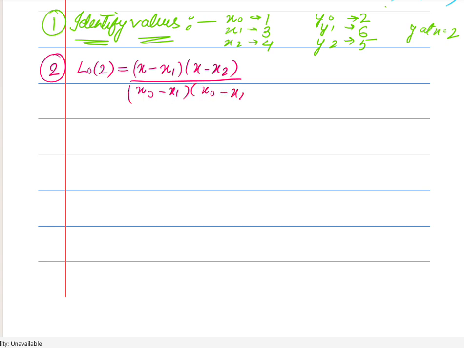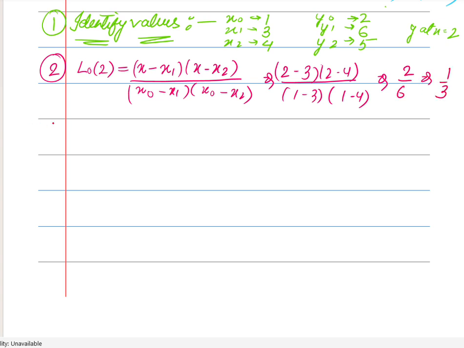Now substitute the values here. What you'll get? You'll get 2 minus 3, 2 minus 4 divided by 1 minus 3, 1 minus 4. That would be equal to 2 by 6, and that would be equal to 1 by 3.